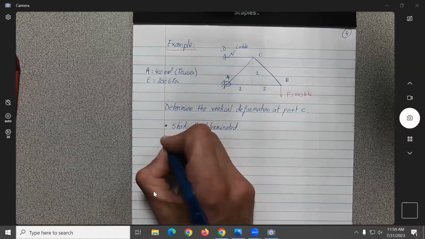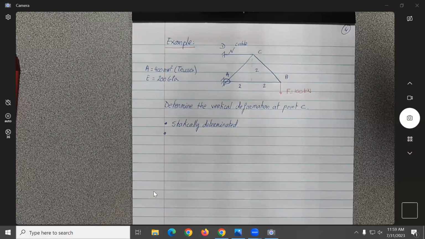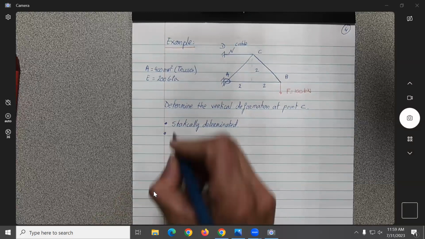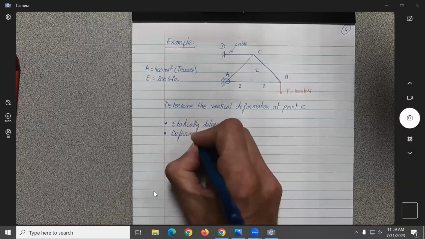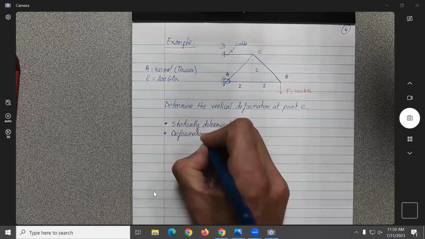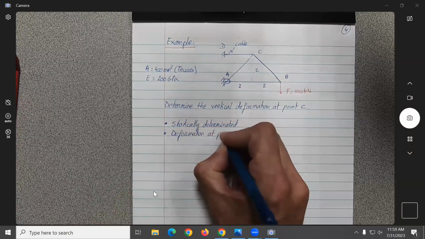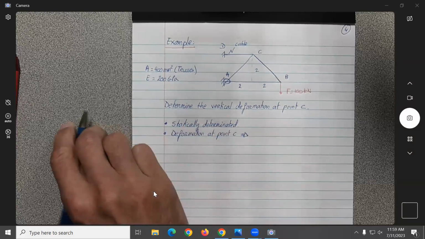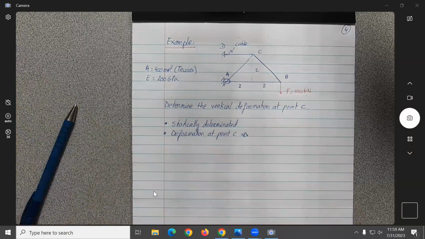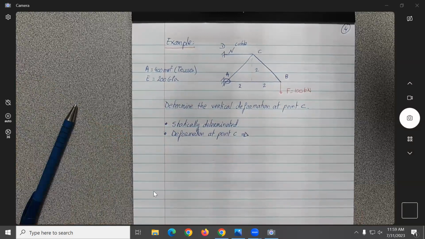All right. Second, we need to find the deformation at point C. Is there a force being applied at point C? No. So what do we need to do?